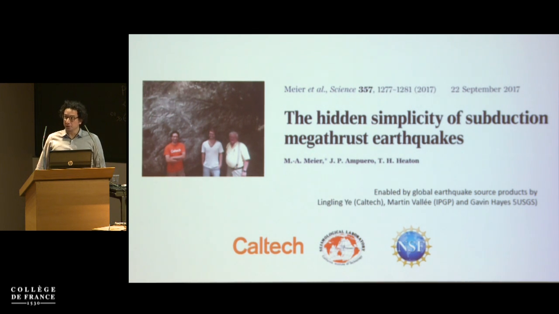But I'll also take the opportunity to thank the extremely hard work that has enabled this research, which is all these teams who have produced these earthquake source products, which are very large catalogs of earthquakes that have been processed by Ling Ye, who was a grad student of Thorne Lay and since 2 years ago a postdoc with us at Caltech, Martin Vallée at IPGP, and Gavin Hayes at the USGS. So these are 3 different data sets that we will use in this study.